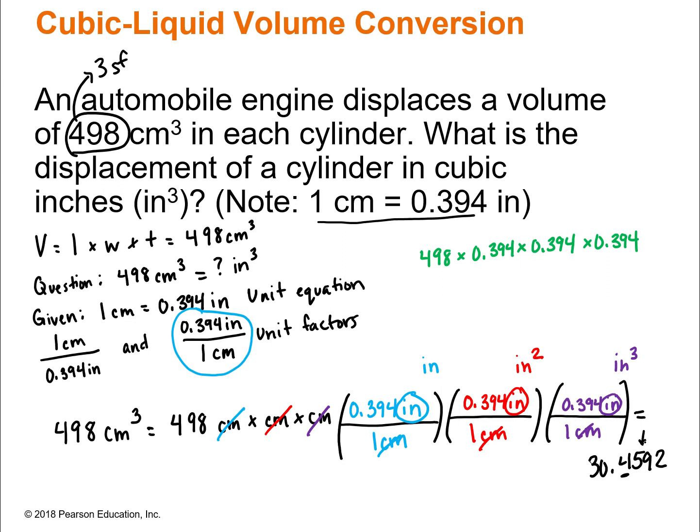So we're going to round that 4 up to a 5. Oops, 3 sig figs. So there's our final answer. Again, make sure that you multiply by your conversion factor 3 times.